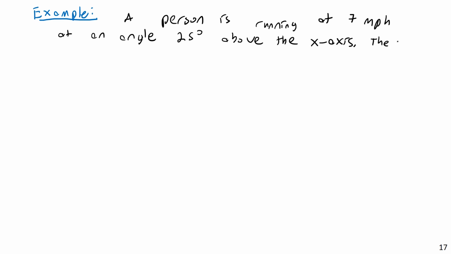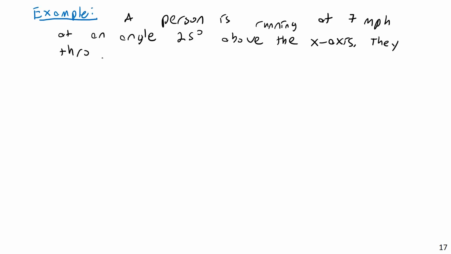They throw a ball. This would be a relatively small ball throwing velocity. I'm going to try to keep the two velocities relatively similar, but I will prephrase this saying this is kind of a ridiculously low velocity for a ball throw. So maybe they just barely managed to throw it or something.